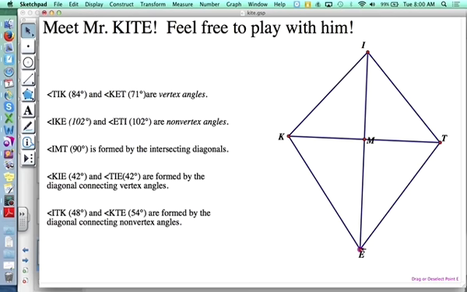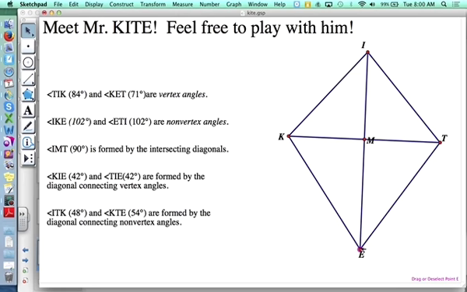Angle IMT is formed by the intersecting diagonals. So what would I say is true about the diagonals of a kite? It's a P word. They're perpendicular. Notice I have the angles that are formed by the diagonal connecting the vertex angles.